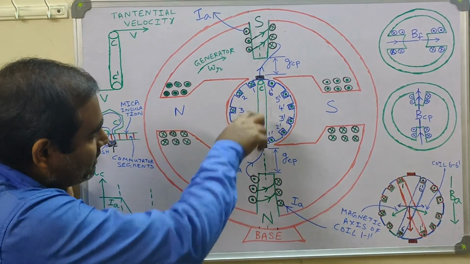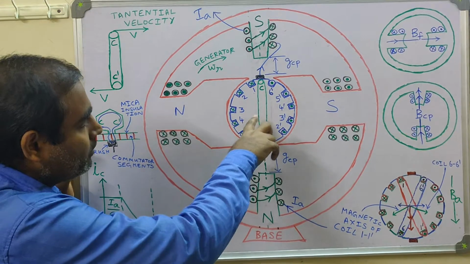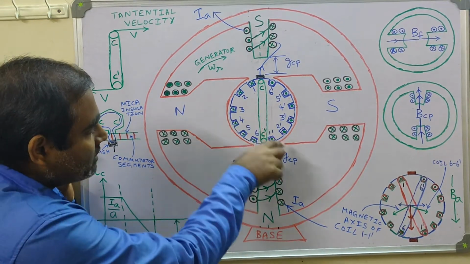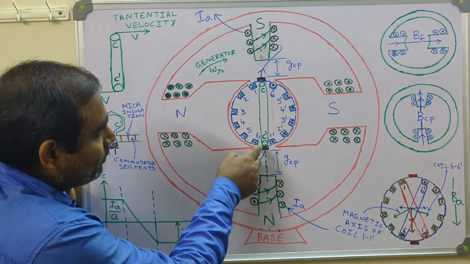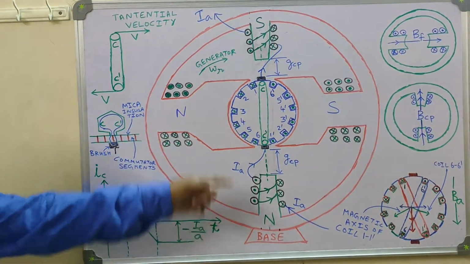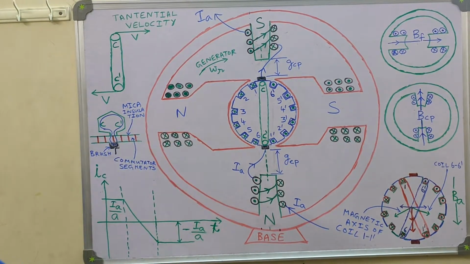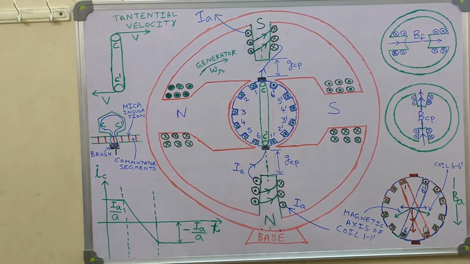Each of the 6 coils is going to occupy the position indicated by coil CC dash at some point of time. So coil CC dash is just some sort of reference, indicating the position of the coil which is undergoing commutation.